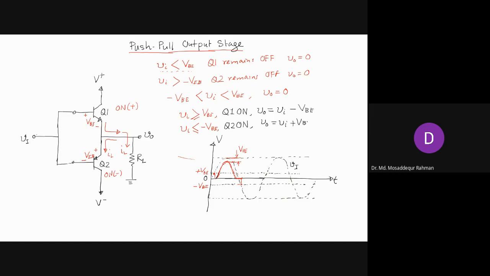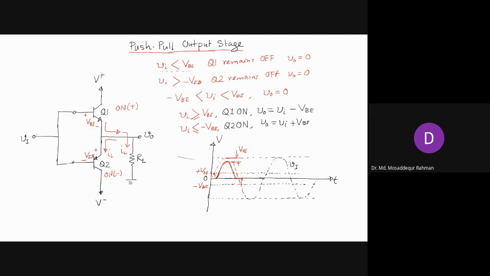Note that Vi is negative here, and V0 here is Vi plus a voltage rise of VBE. So that will be our V0. So now this negative plus, that will be like this.